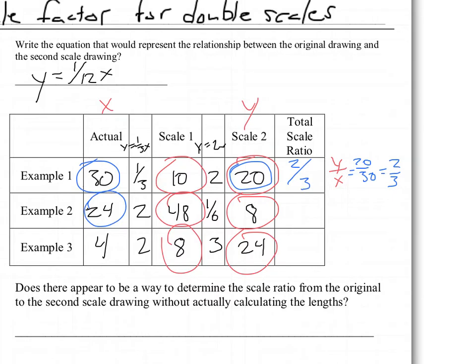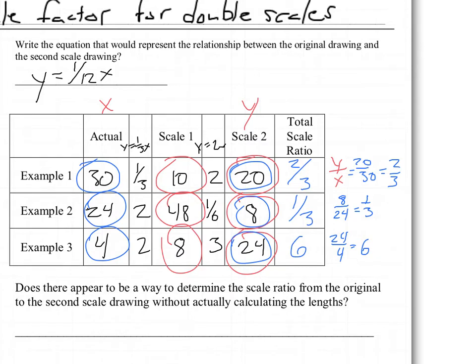And from our 24 all the way to our 8, so y over x is going to be 8 over 24, which simplifies to 1/3. And from a 4 to a 24, 24 over 4, which is equal to 6.